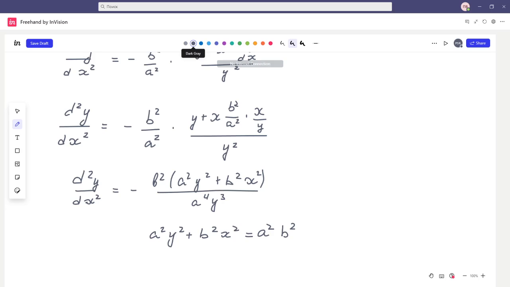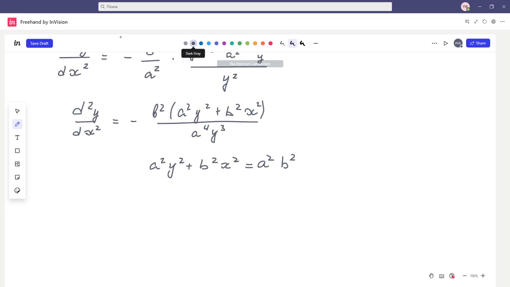Therefore, the second derivative may be represented as the second derivative equals minus b to the power of 4 over a squared y to the power of 3. Differentiating the latter equation with respect to x, we find the third derivative, etc.